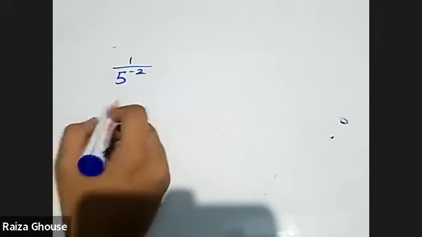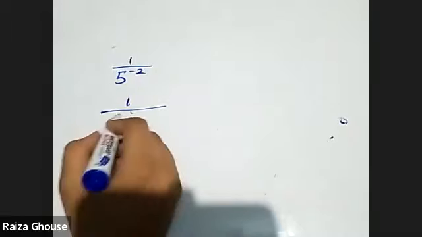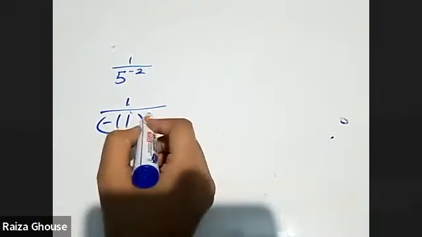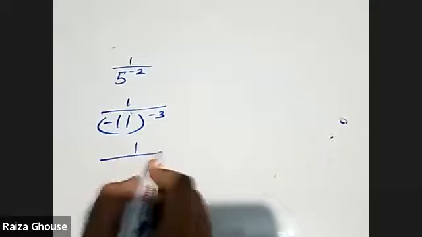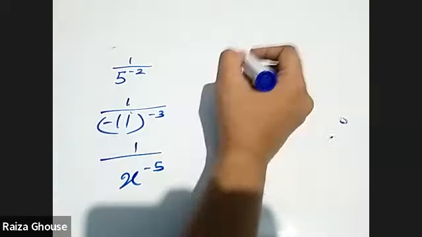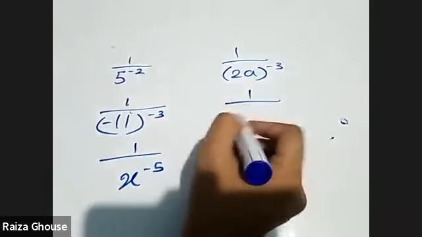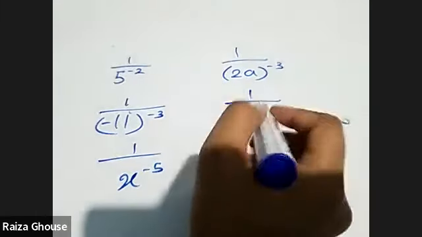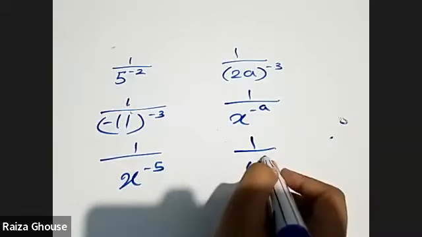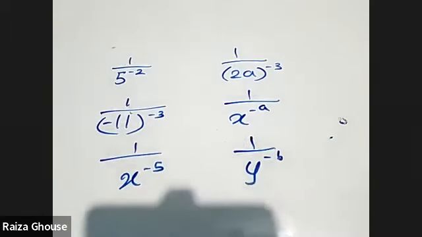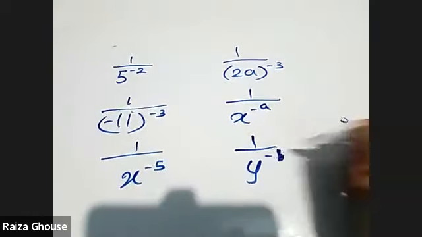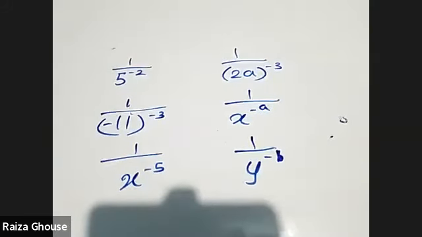Okay, now we'll go to the questions. Do this. Carefully do them. This is B. There are 6 questions.